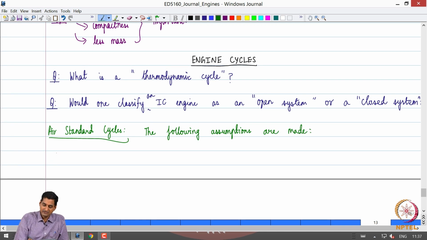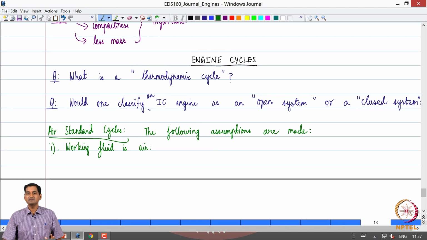So, the first one is that the working fluid is air. That is an important assumption when we deal with the air standard cycle. In an actual engine the working fluid is a mixture of fuel and air, but when we analyze engines using air standard cycles, we are going to consider the working fluid as air. That is an assumption we make.